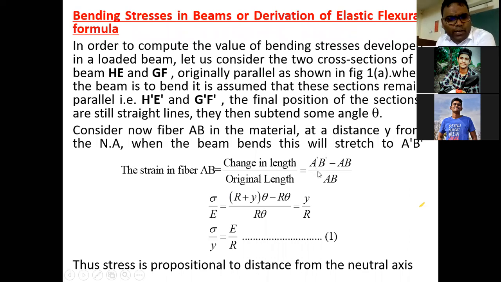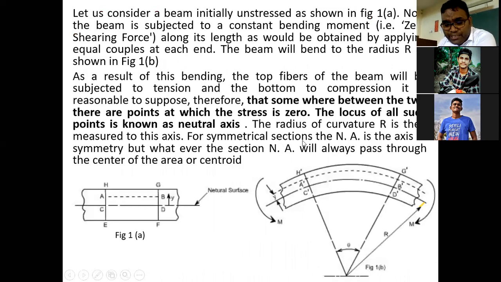Now just put the value of A dash B dash. We have to find the length of A dash B dash, and we have only one option to calculate it. We know the subtended angle of this line, this is theta, and also we know this length: this length is R and this length is Y. So theta into R plus Y will give this length.